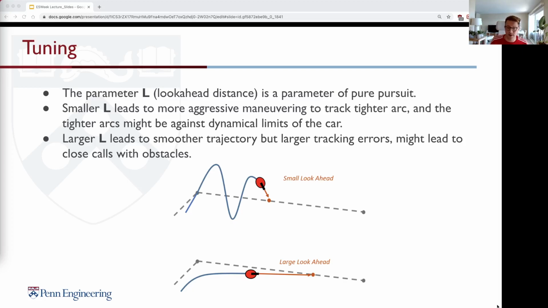Because if you drive too fast and make hard steering to the left, hard steering to the right, you will oversteer the car. Then you have the possibility to choose a large look ahead distance, for example 2 to 3 meters. This leads to a very smooth trajectory, but creates big tracking errors. This means you are probably missing some important information about the steering angle.